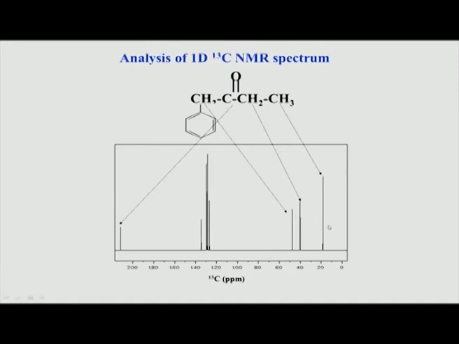For that you have to do a special experiment separately, and then you can further see whether it is a methyl carbon, a methylene carbon or a methine carbon. For example, in aromatics they are all CH. That information comes from a separate experiment, not from this 1D, and that is also usually done.